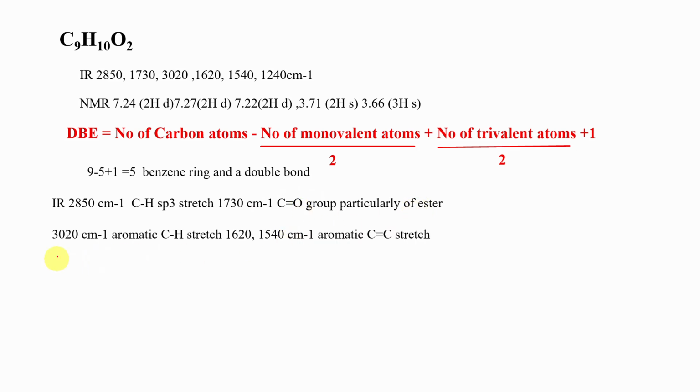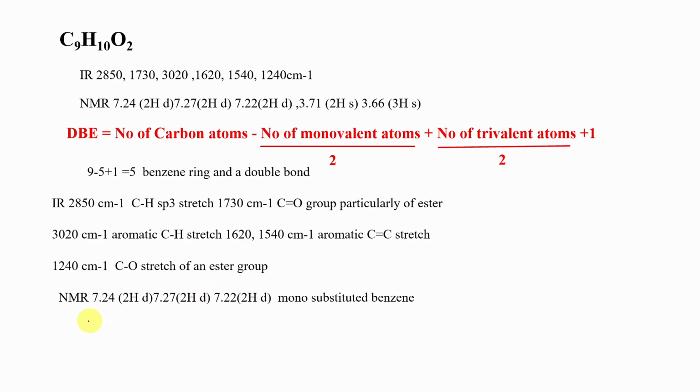Then 3020 is of aromatic carbon hydrogen stretch, which is confirmed by the carbon-carbon double bond stretches at 1620 and 1540 centimeter inverse. Then 1240 centimeter inverse is nothing but carbon oxygen stretch of an ester group, right?